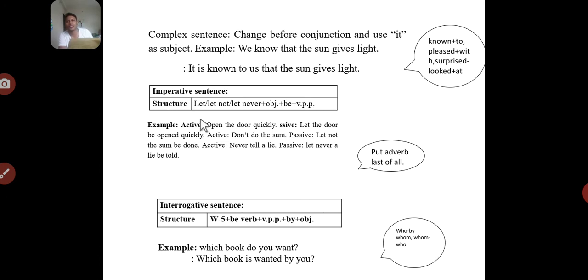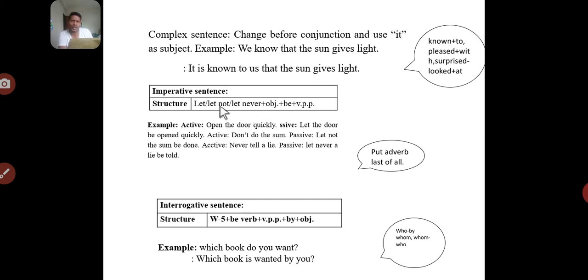So here is something very interesting. Here be is not a be verb; it is just be, like with a modal verb. There are three points here: let, let not, or let never.